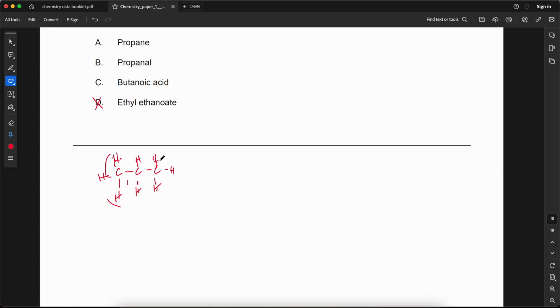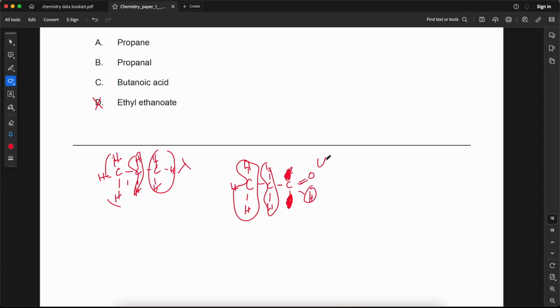Because this one is the same and this one is not, so not the answer. Propanol, okay, so for propanol, we'll have this one, no. Okay, see, this one, no. All right, so 1, 2, 3, we keep it.